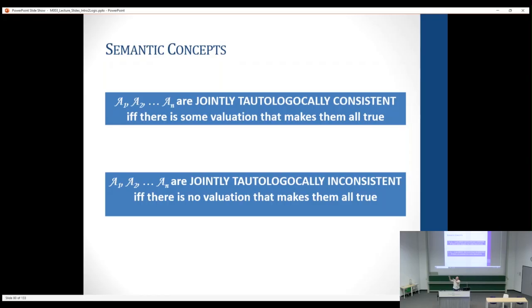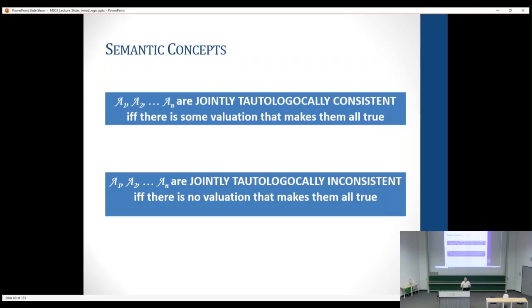We extract all the relevant atoms. We generate our matrix of all relevant valuations. And we then see, is there even one valuation where all the sentences are true? If there's even one, they're jointly tautologically consistent. If there are none, then they're jointly tautologically inconsistent.